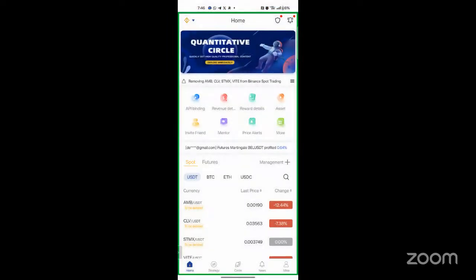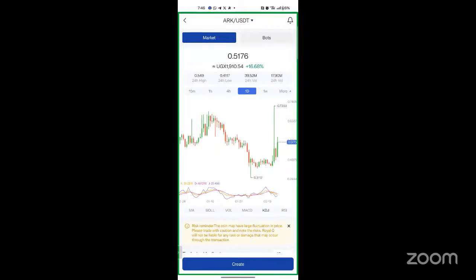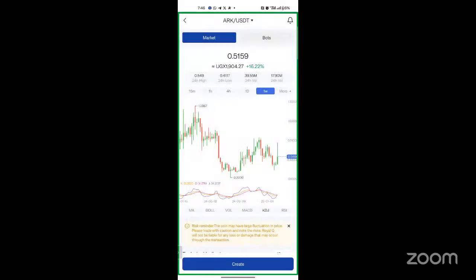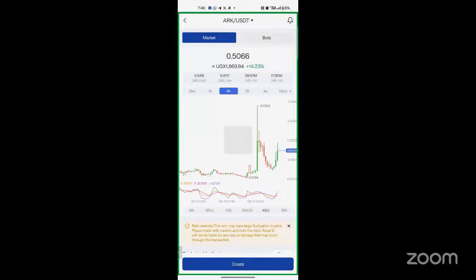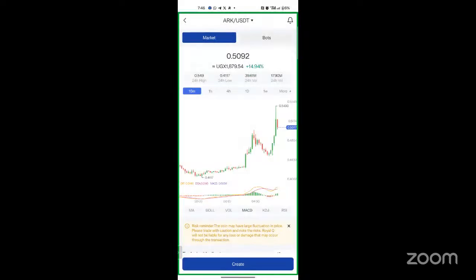The way the coin is taking our money. This coin is good, guys. This is a very good coin. Let me see how long I will float.